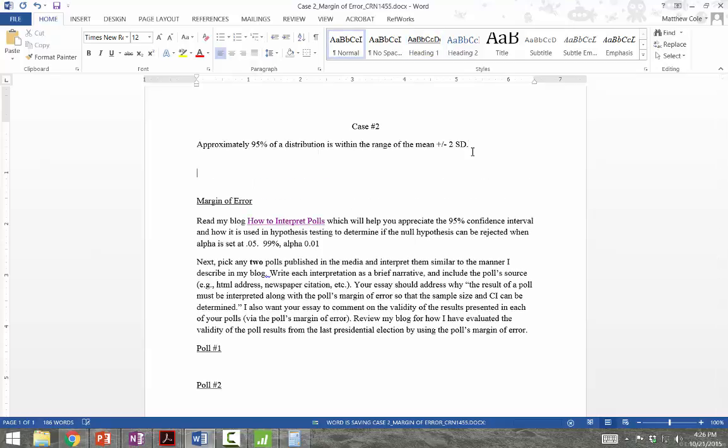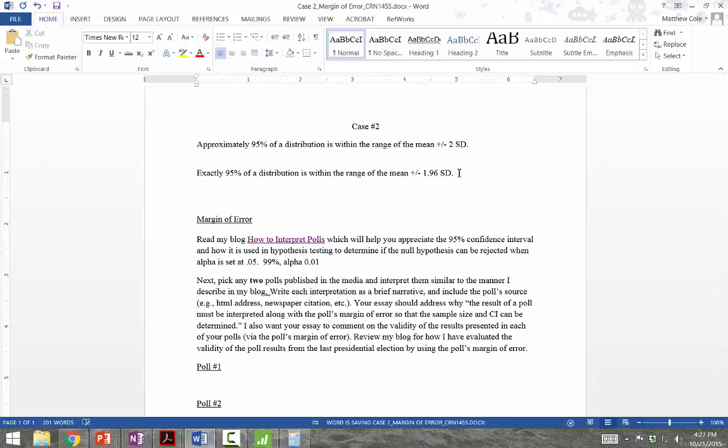So we're going to learn that exactly 95% of a distribution is within the range of the mean plus or minus 1.96 standard deviations. So this 1.96 is a very important number, and it actually refers to a z.